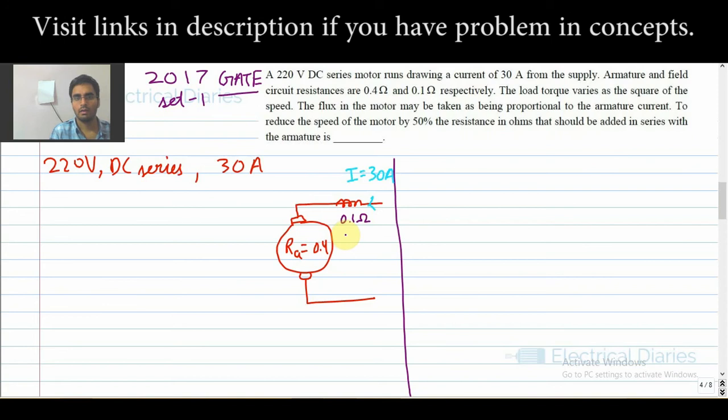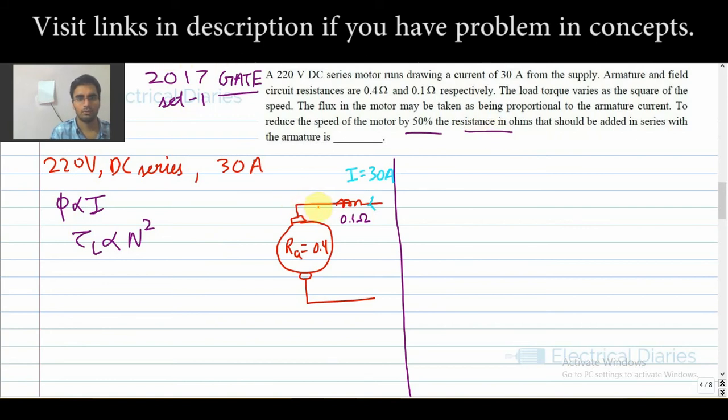The flux in the motor is proportional to current. That is very much understood for a DC series motor. And the load torque varies as the square of the speed. It is also given to us. To reduce the speed of the motor by 50%, we have to find how much resistance we have to add.